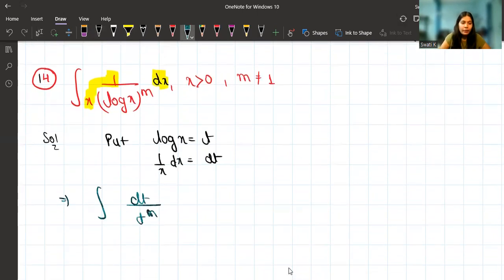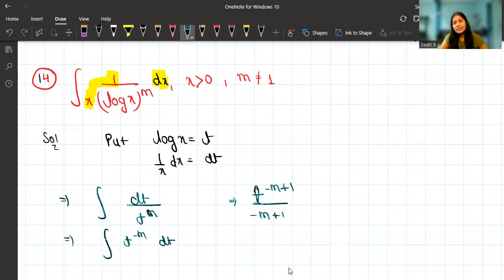Now I'm going to write down here t raised to minus m using the property of exponent. Now using the formula of integration, it will simply become t raised to n plus 1, that means minus m plus 1, and then upon n plus 1, that is minus m plus 1, plus c. Now let's put the value of t, which is log x.